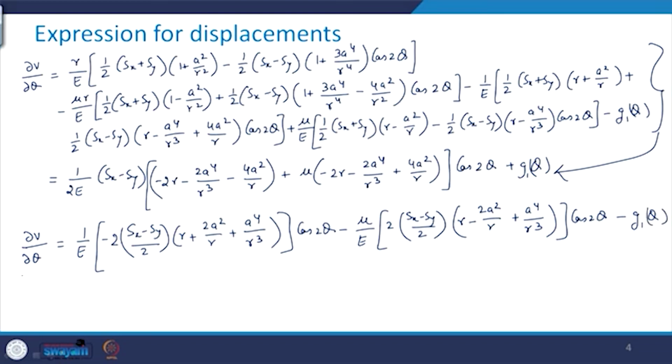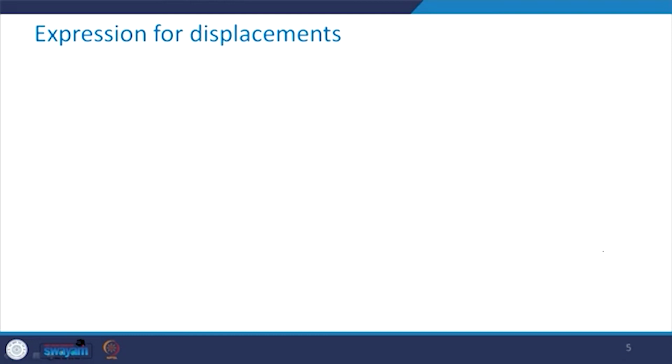Now, if we integrate this equation, which is equation number 4, with respect to theta, I will be getting the expression for v. So, let us do that.